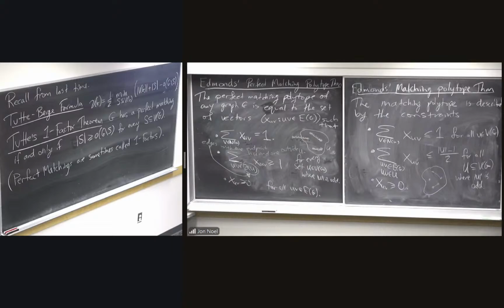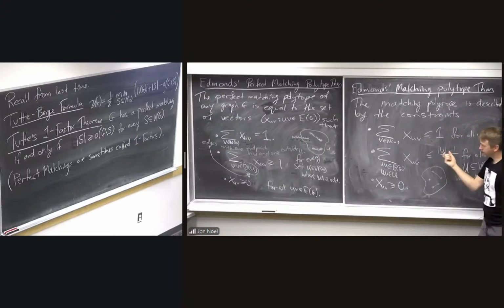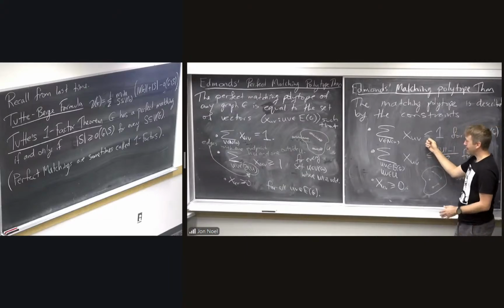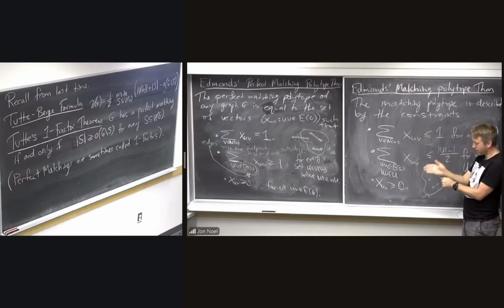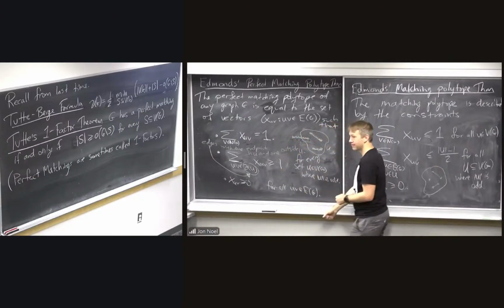Perfect matching has x equal 1. Yeah, because this is saying that if it's any matching, for any vertex, there's at most one edge incident to that vertex. That's what this corresponds to. And if it's a perfect matching, there's exactly one edge incident to each vertex.